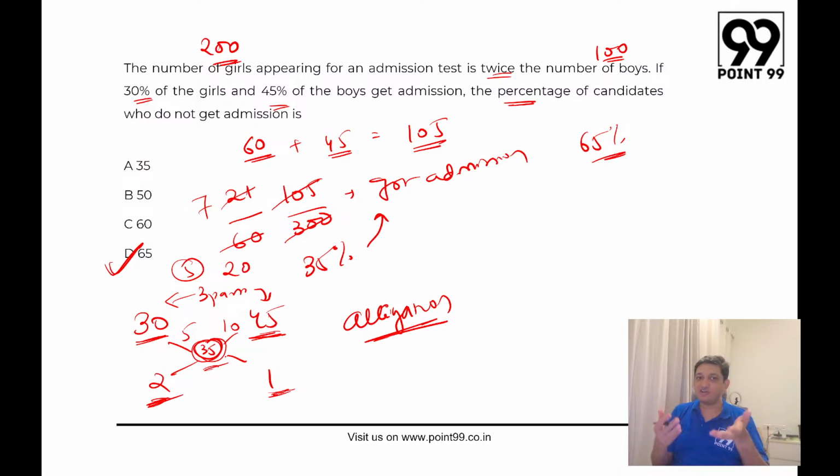So 35% is the number of people who got admission, 65% would have failed, that's it.